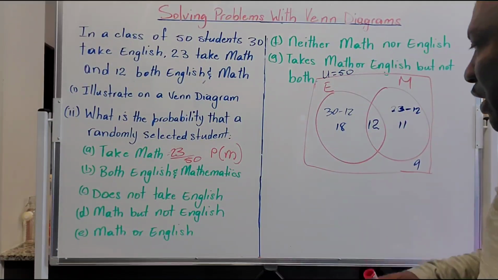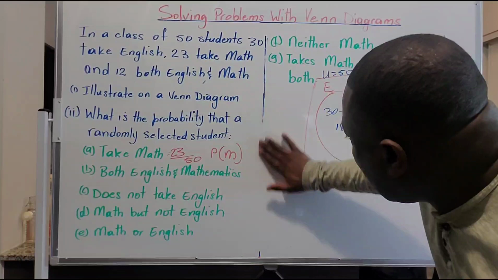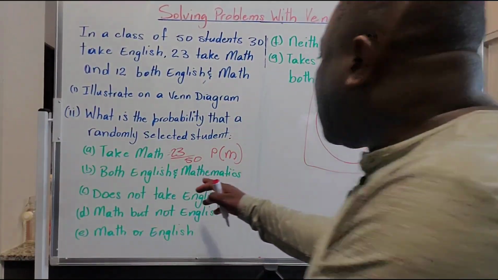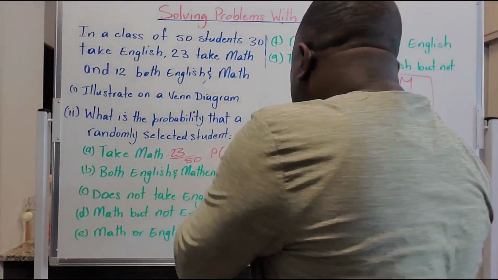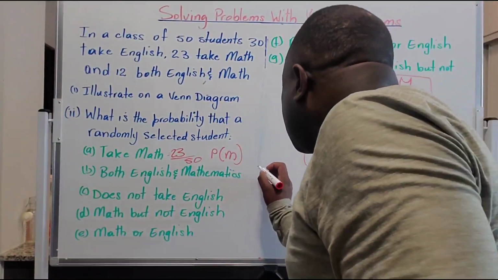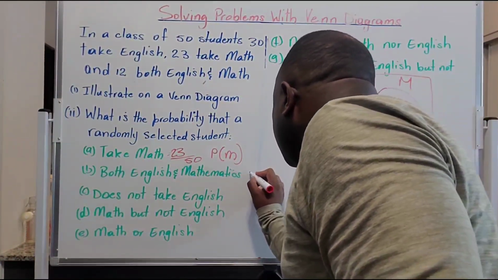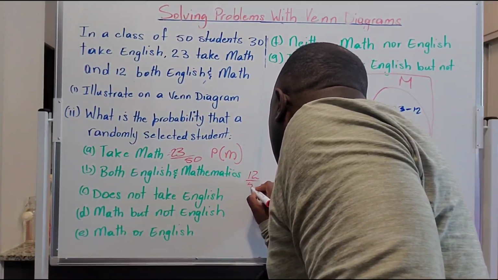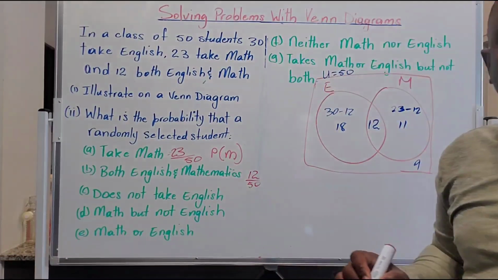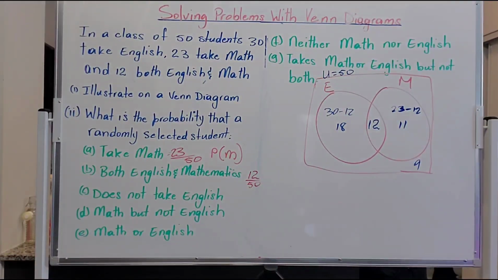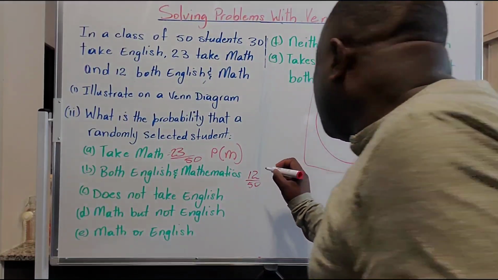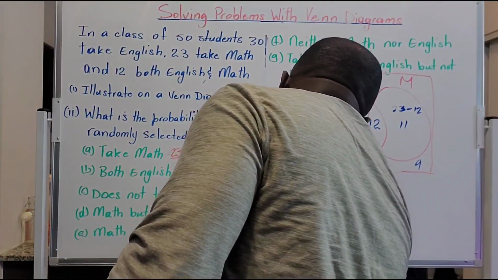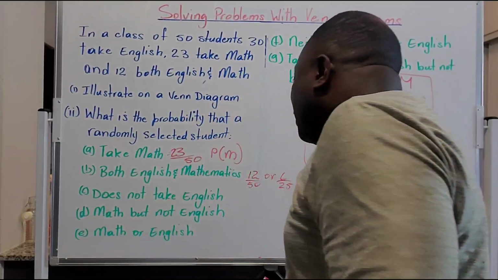I'm just going to erase this line here, just answering the questions being asked. The intersection, both maths and English, is 12. How many students are in the class? So that will be 12 over 50. And if we were to simplify 12 over 50, that would result in 6 over 25.